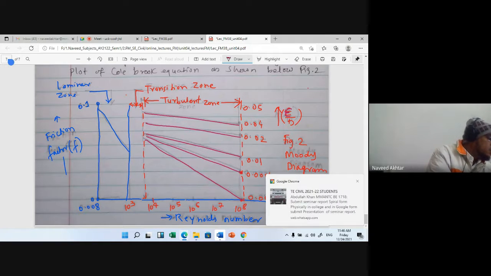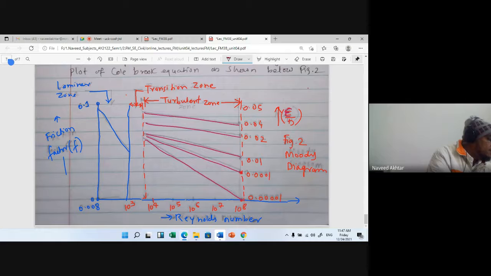We are studying in this unit the flow through the pipe, and today, before the friction factor value, we saw the Darcy Weisbach equation for loss of head in a pipe, and we derived the loss of head equation, that is hf = 4f'lv squared upon 2gd, where f is the friction factor and f' is the friction coefficient, that is nothing but 1 by 4 of f.